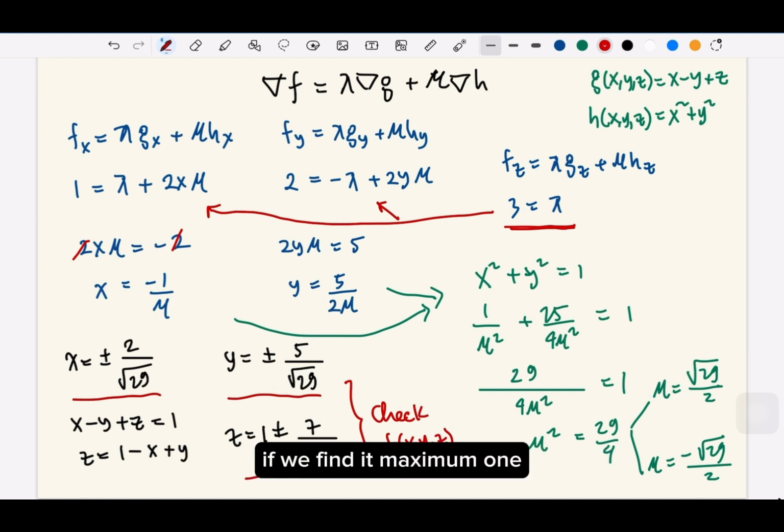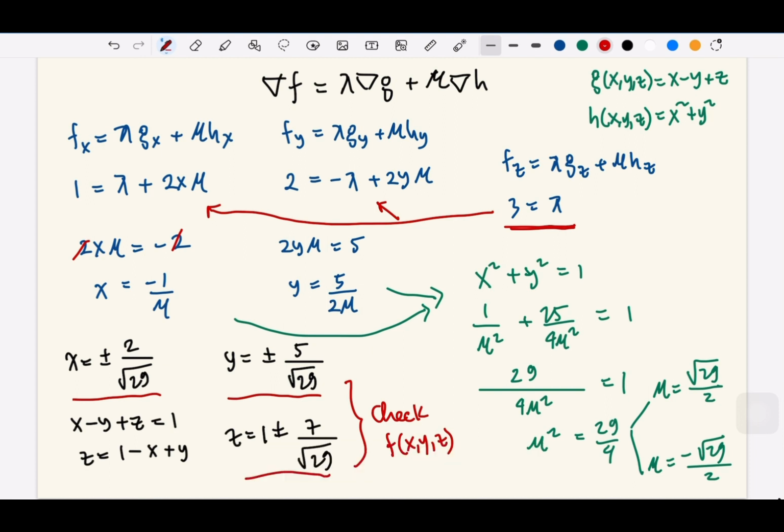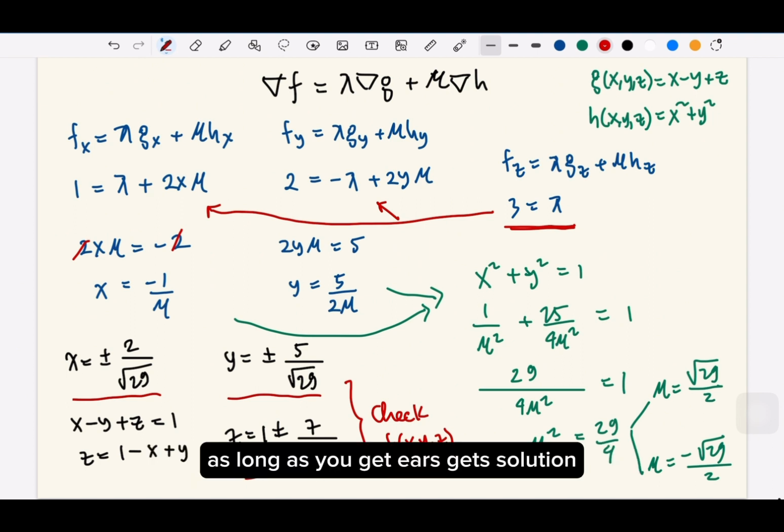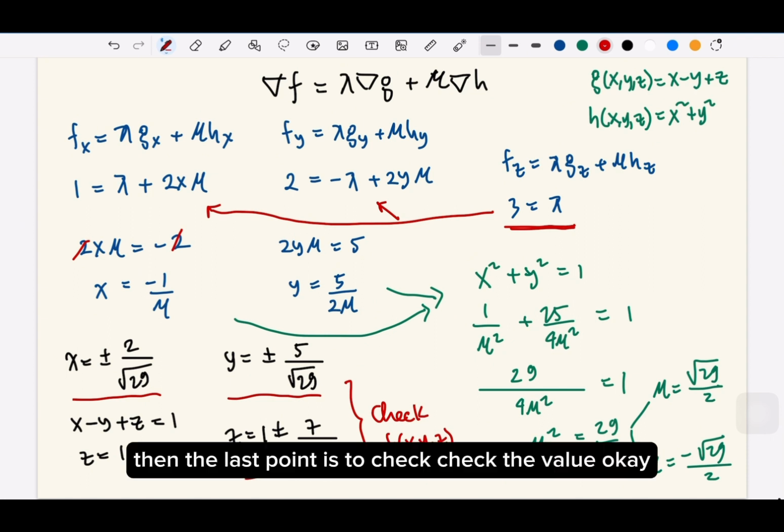If we find the maximum one, that is our maximum value. So as long as you can solve the middle process here, the last point is to check the value.